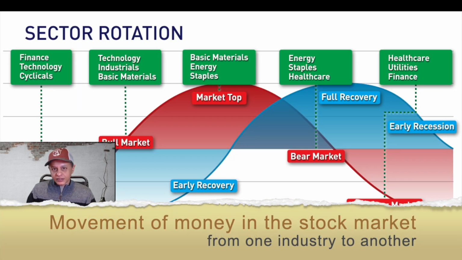Now, talking about sector rotation, the way the markets work is they work in a cyclical way. For example, if the markets have a risk on behavior, money could start flowing into tech stocks, growth stocks, consumer discretionary stocks.